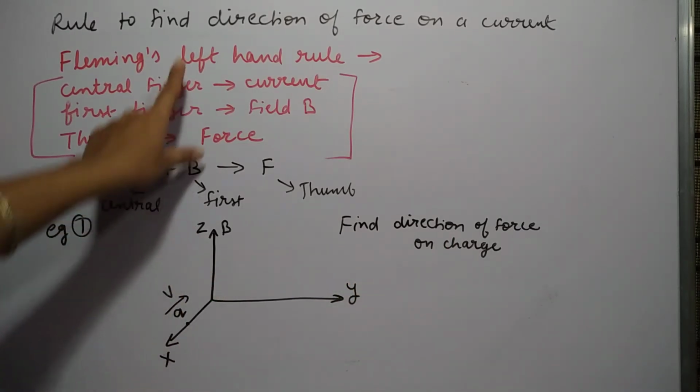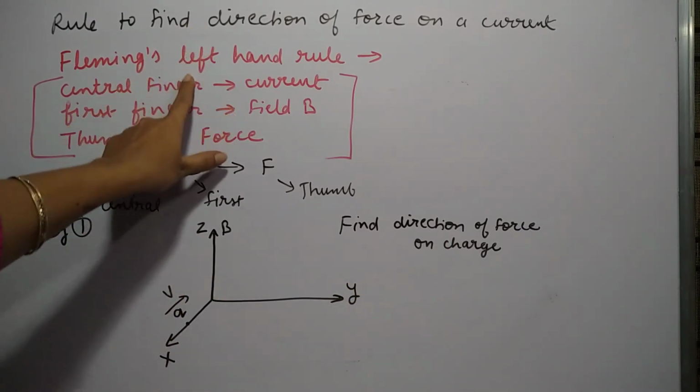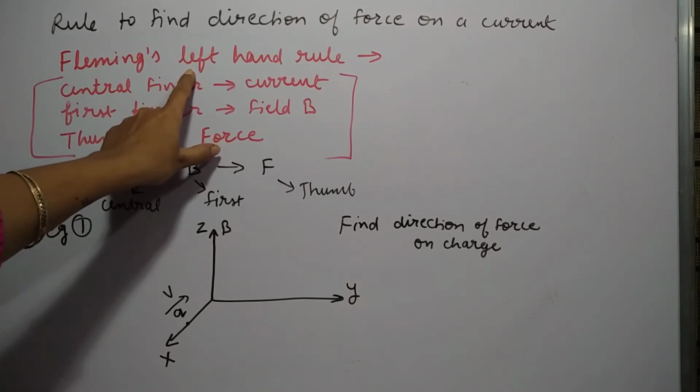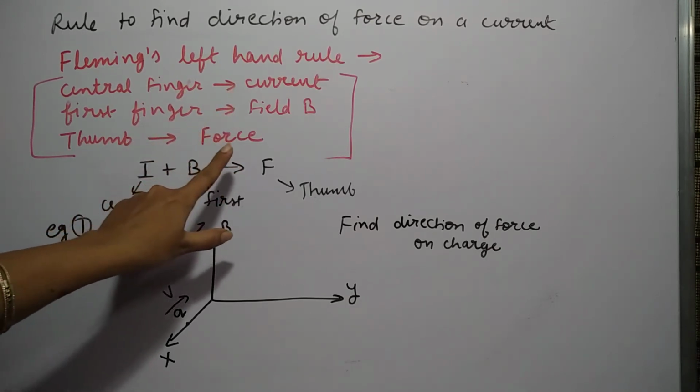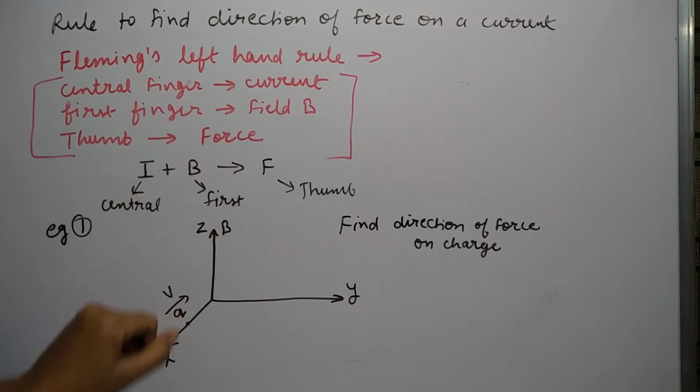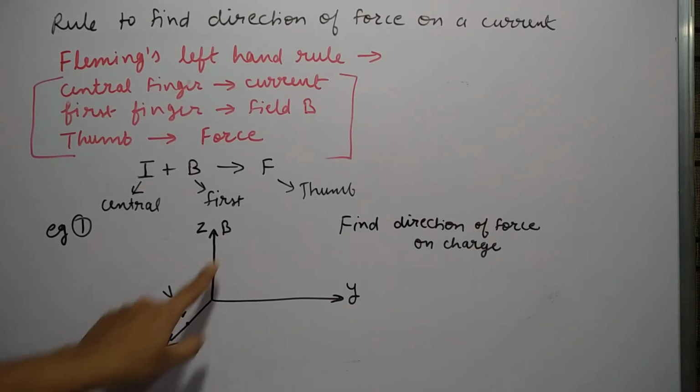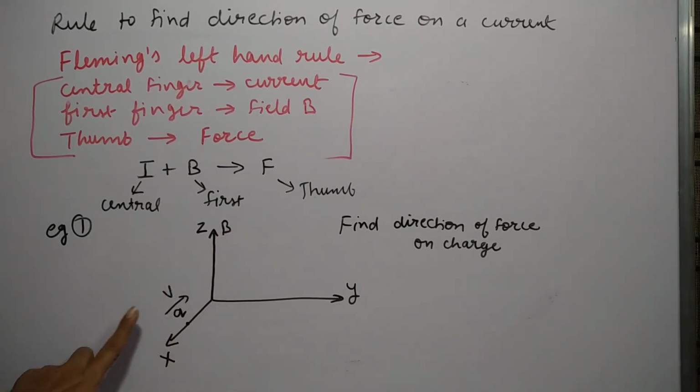Now we will use Fleming's left hand rule to find the direction of the force. So we need the current and field, and that way we will find the force. Now the magnetic field is given, but current is not given. But you see this charge is positive, and whatever is the direction of the positive charge, that is the direction of the current.